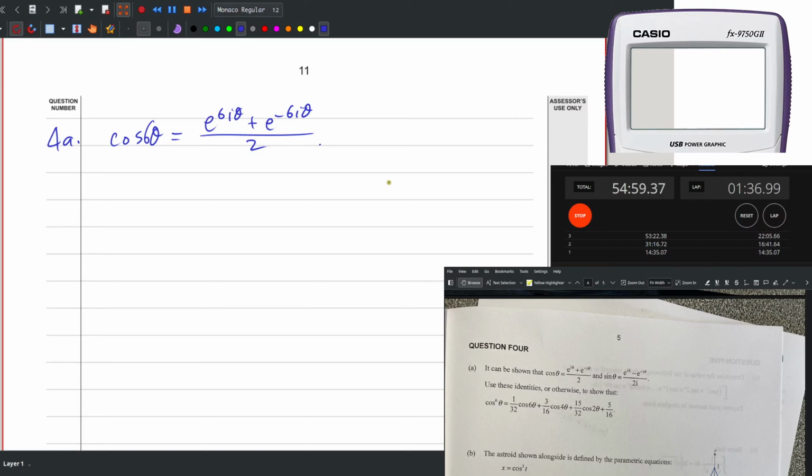Oh wait, no, I'm tripping. You just go cos to the 6 of theta equals e to the I theta plus e to the negative I theta on 2 to the power 6. Bro, and then it's 1 over 64, right? And then you just do binomial expansion. e to the 6I theta.